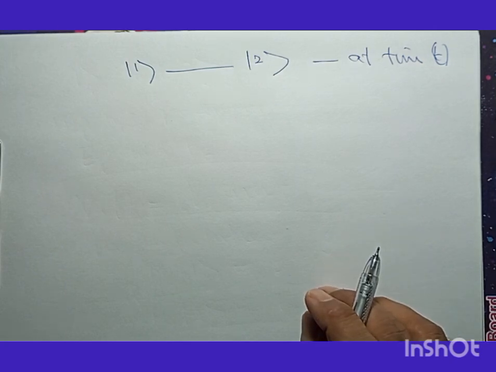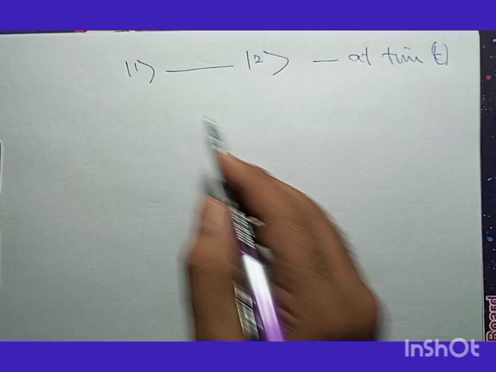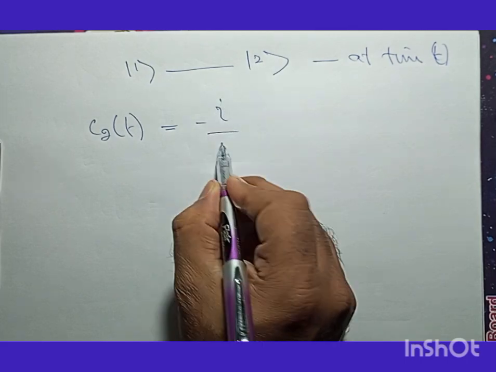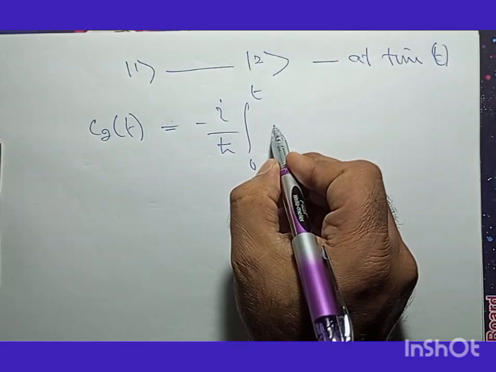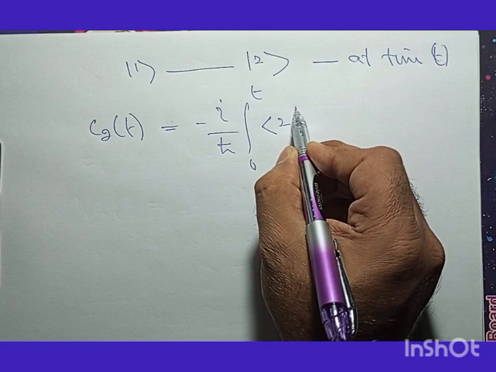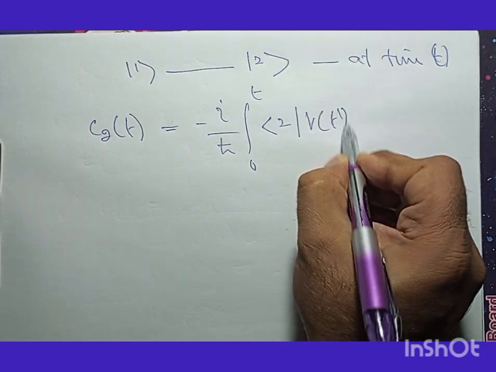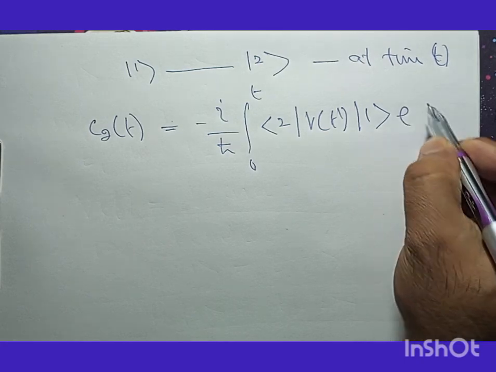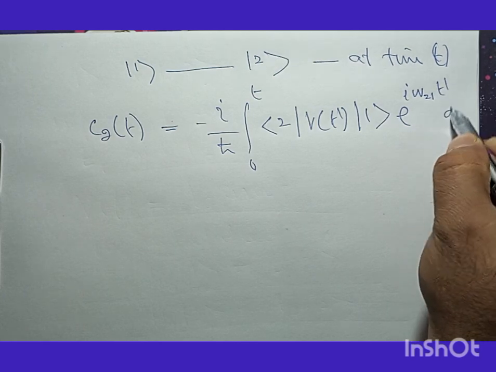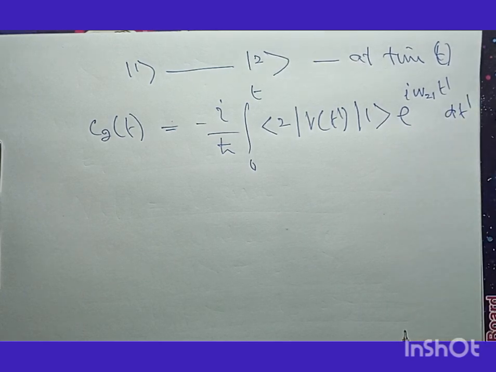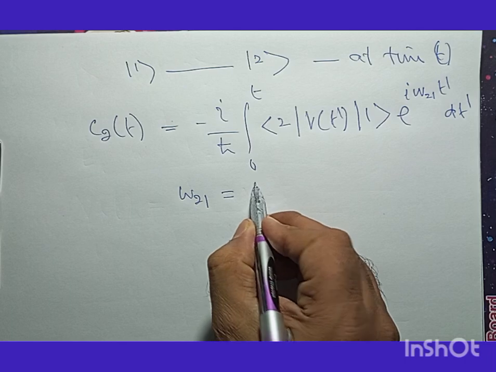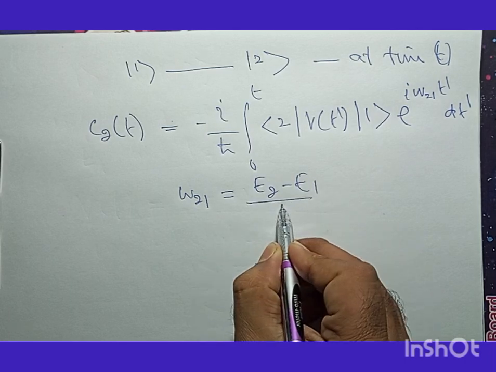In first order time-dependent perturbation theory, this transition amplitude, which I'll call C2 of t, is minus i by h bar integral 0 to t of the matrix element <2|V(t')|1> e to the power of i omega 21 t' dt', where omega 21 is nothing but E2 minus E1 by h bar.